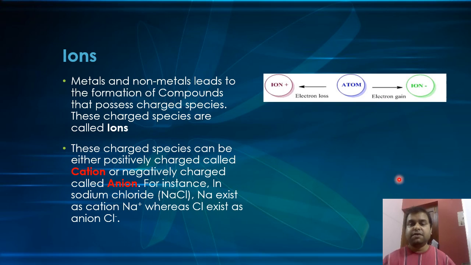So remember, when an atom gains an electron, it gains a negative charge because electrons are negative. Losing a negatively charged electron leads to a positive charge on the particular atom.